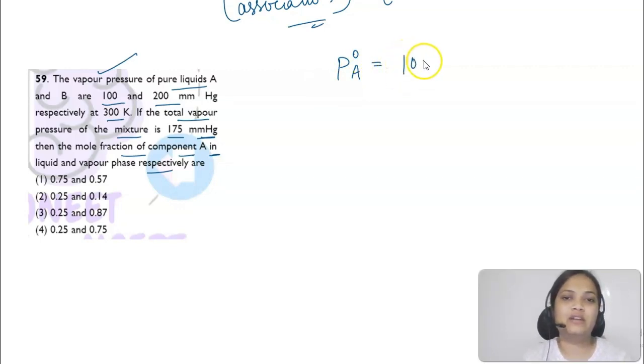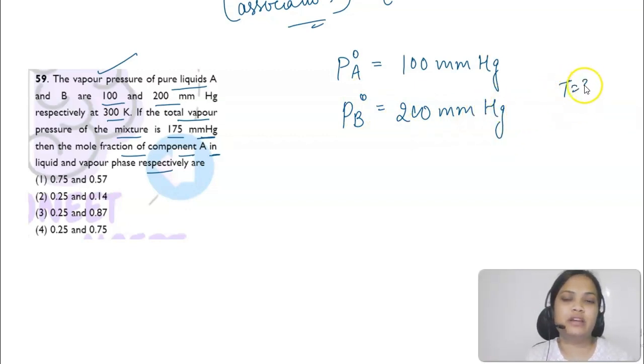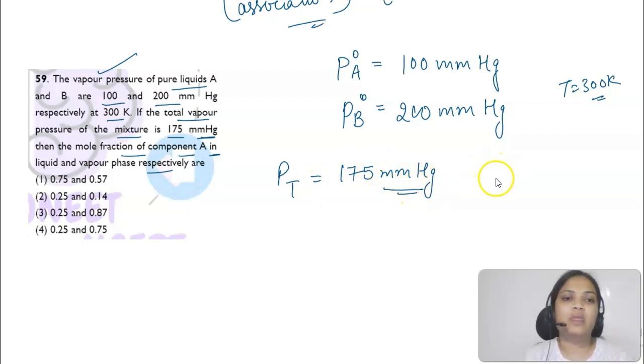For A it's P naught A equals 100 mm of mercury, and P naught B is 200 mm of mercury. Temperature is 300 Kelvin, of course. Total vapor pressure PT is 175 mm of mercury. We need to find the mole fraction of A in the liquid phase and in the vapor phase.